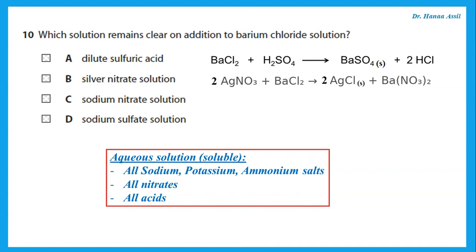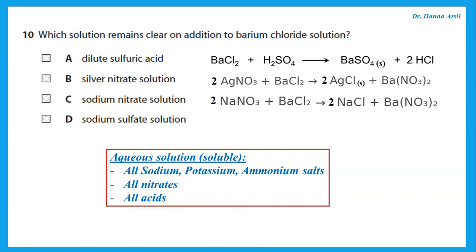Because this is actually the test for chloride. If I add silver nitrate to anything that has chloride, it gives a white precipitate. What about sodium nitrate? Well, if I'm reacting sodium nitrate with barium chloride, what does it give? It gives sodium chloride, and we said all sodium salts are soluble.